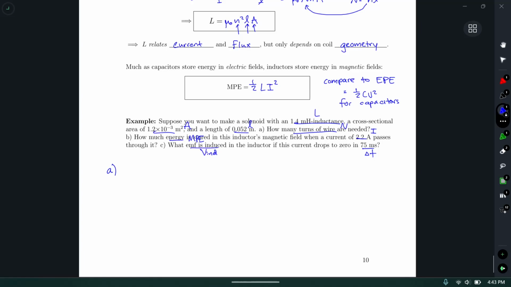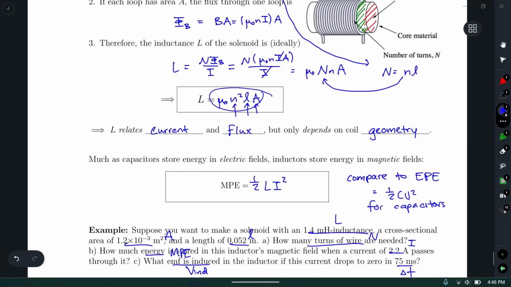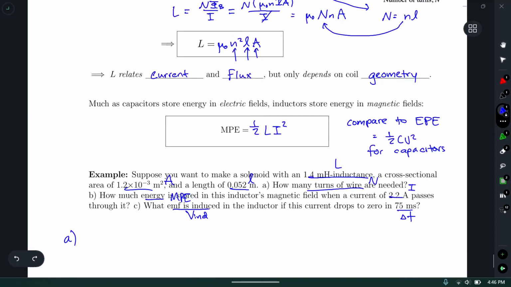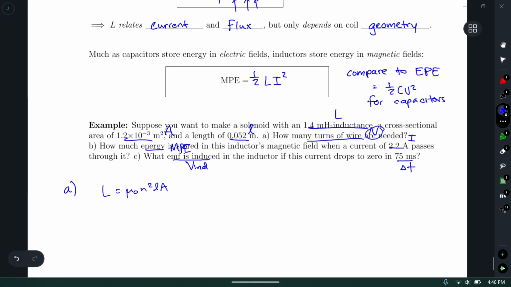We want to find the number of turns. If I have something with inductance, this is about my only option. So let's start from there. But I want to find the number of turns of wire. That's capital N. I've got lowercase n in this. But if I remember that it is the number of turns per unit of length, I can put that in right there.